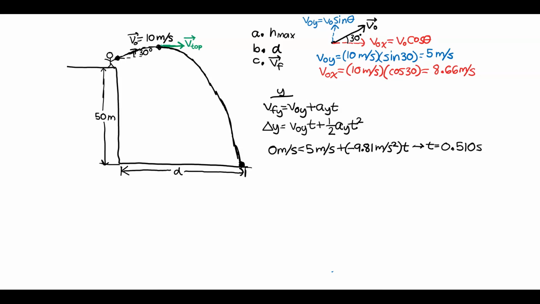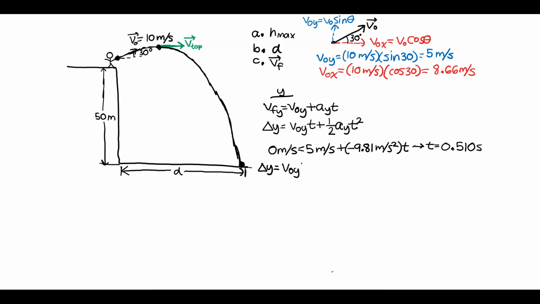So at that moment, the y component of the velocity is 0, meaning that after 0.510 seconds, the rock reaches its maximum height. So let's use the second equation to find the change in height. And then using the change in height, we can find the maximum height above the ground. For the second equation, it's quite simple, because it's already solved for delta y.